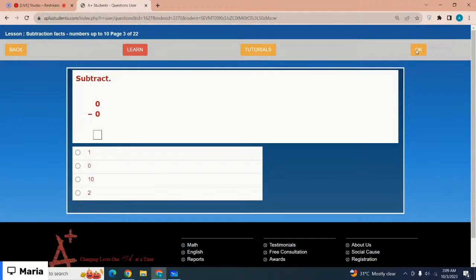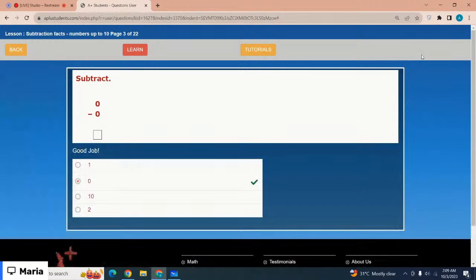Zero take away zero. Zero is already zero, right? And taking away from zero is also zero. The correct option is zero, right?